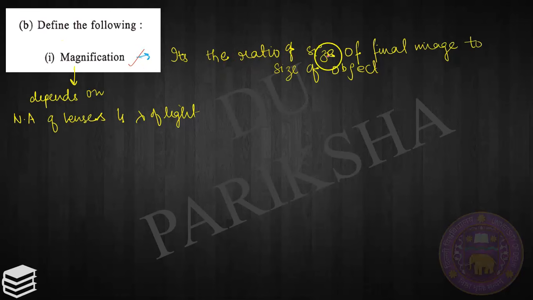Magnification refers to the ratio of the size of the final image that is obtained to the size of the object. It depends on the numerical aperture of the lenses as well as the wavelength of the light.